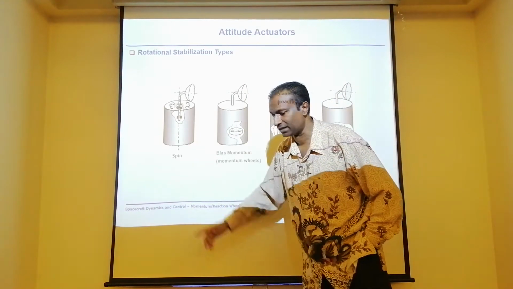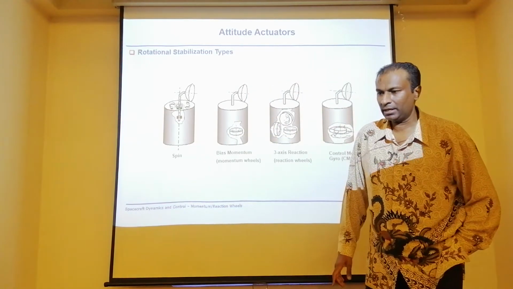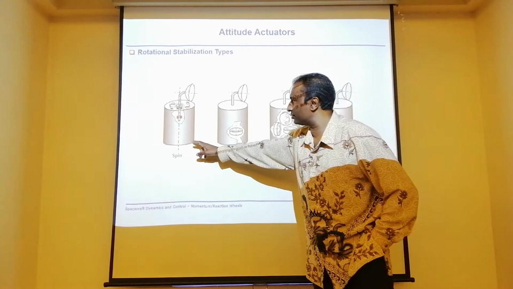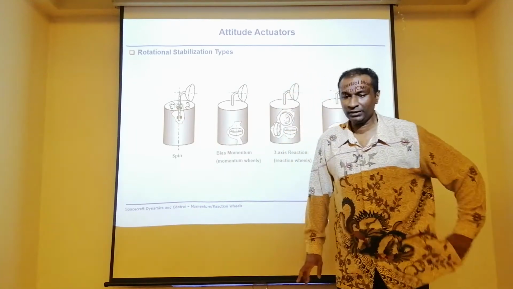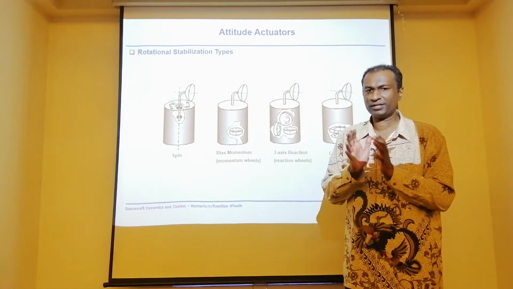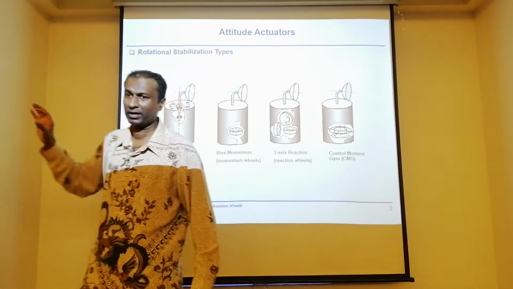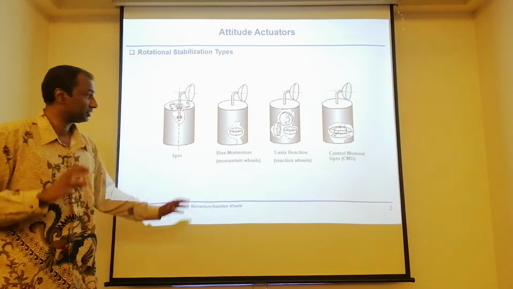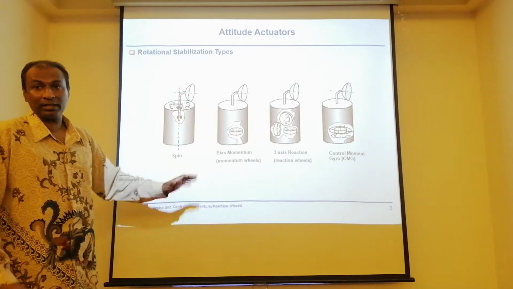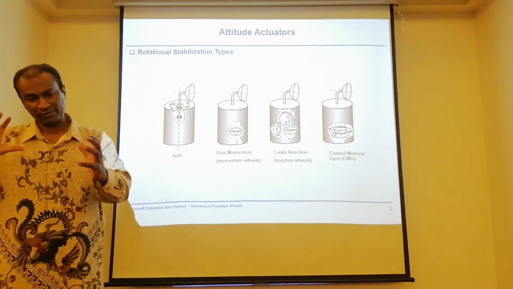The first type is spin. The spin type of stabilization, if you remember, VSAT 1 uses this type. The whole spacecraft is going to rotate.